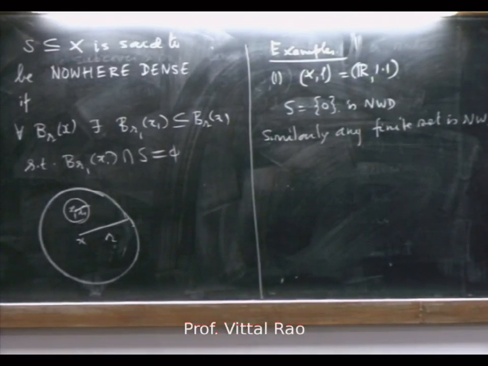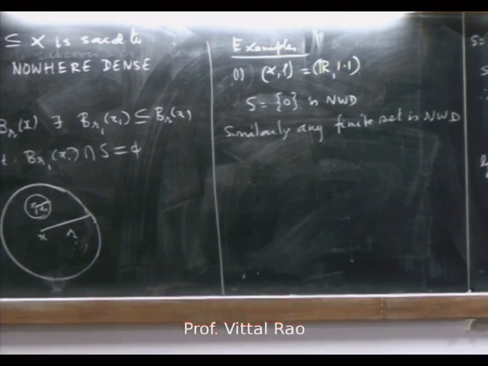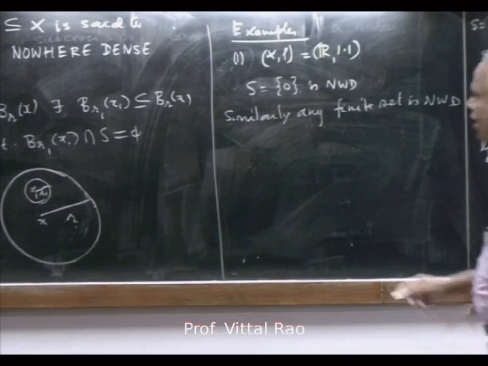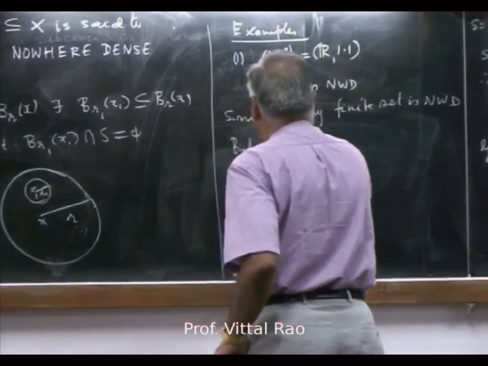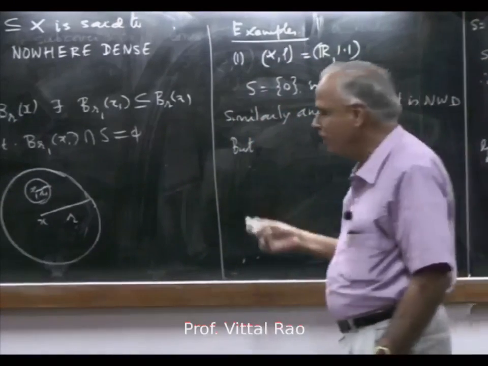But this does not mean any countably infinite set will be nowhere dense. We already know that there are countably infinite sets which are dense. Let me make this point and I will explain examples a little later.